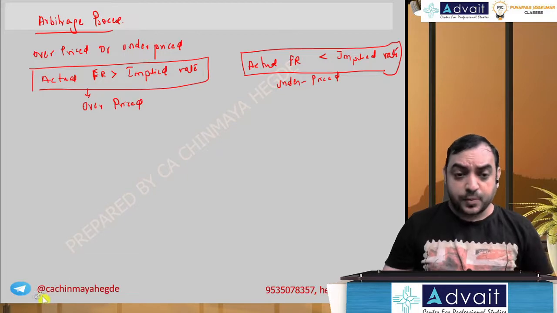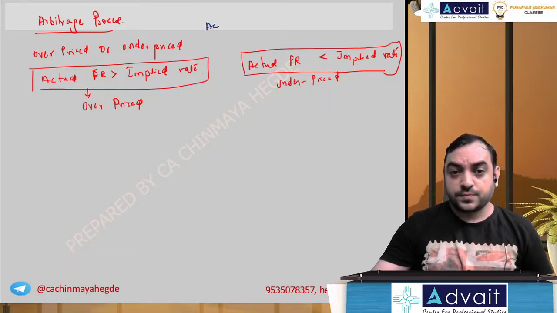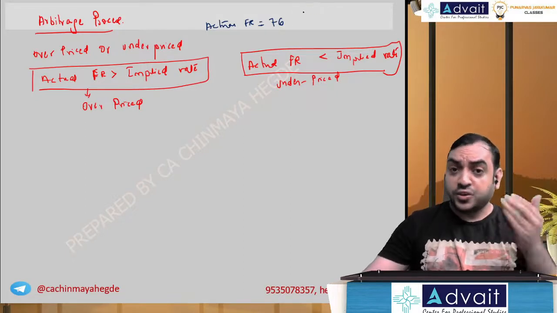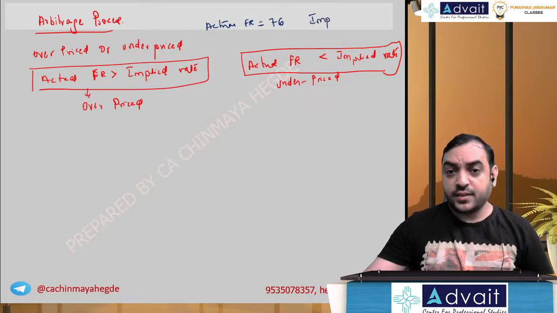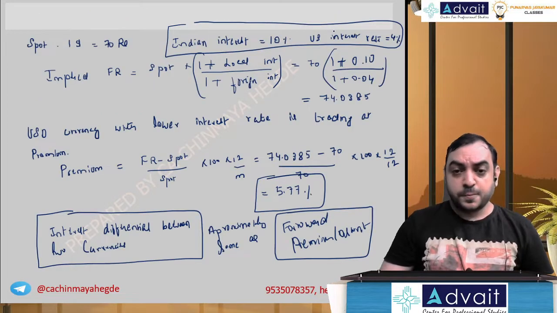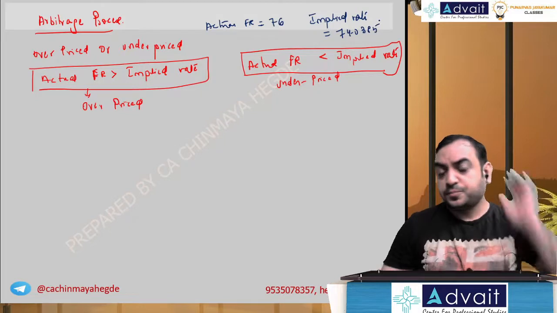Like in this example, suppose the actual forward rate happens to be 76. And what is the implied or theoretical forward rate that we calculated? 74.0385.